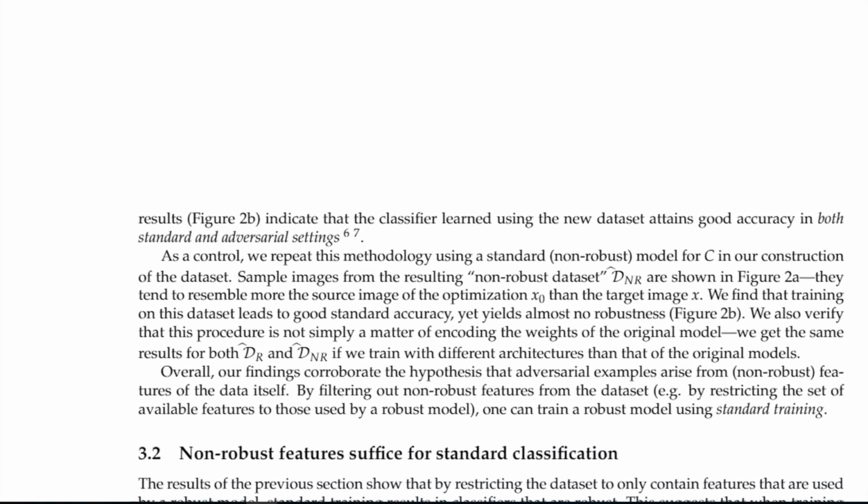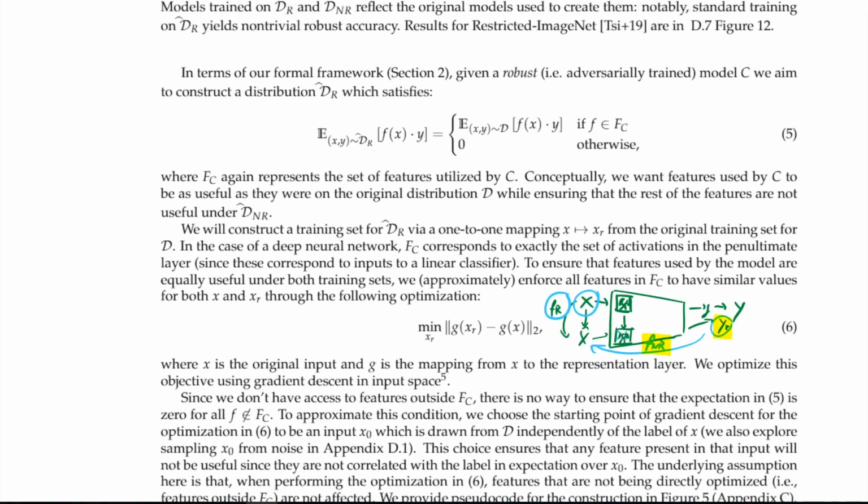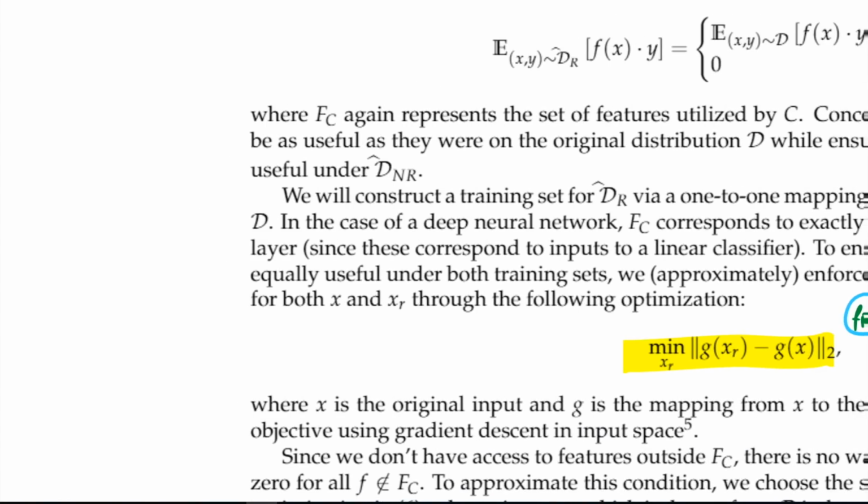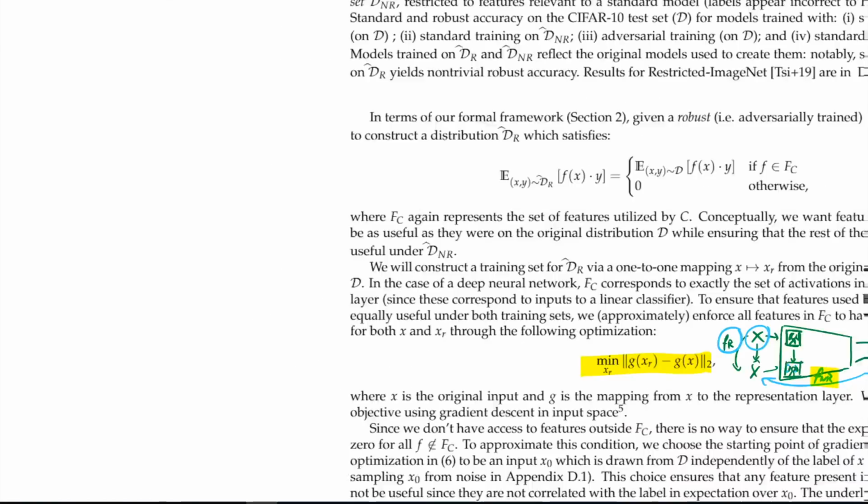So what's my criticism here? If you look at the first part, where they say that in order to determine what the robust features are, we actually need a classifier that's already robust. So we've seen before, we have a data set.